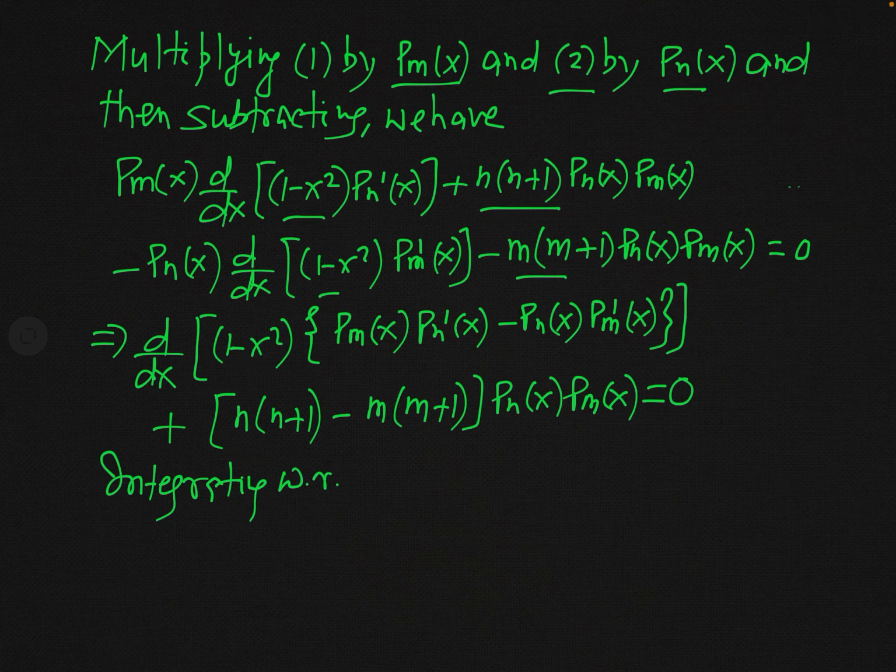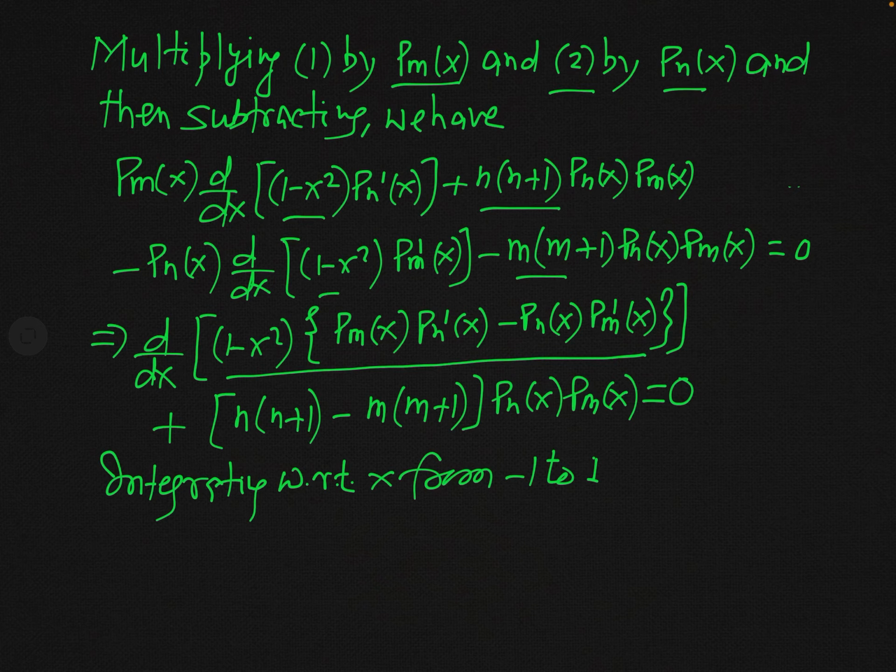Since in the first term there is d dx of this much, when we integrate it, we will simply get 1 minus x square times Pm of x into Pn prime of x minus Pn of x into Pm prime of x.